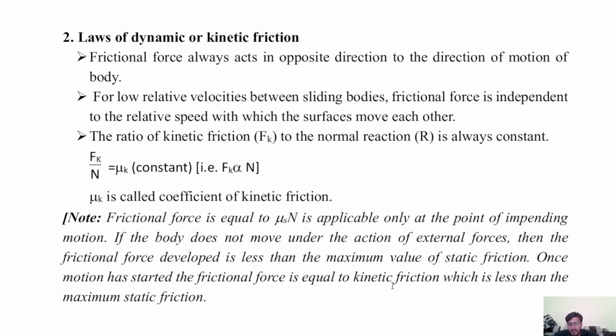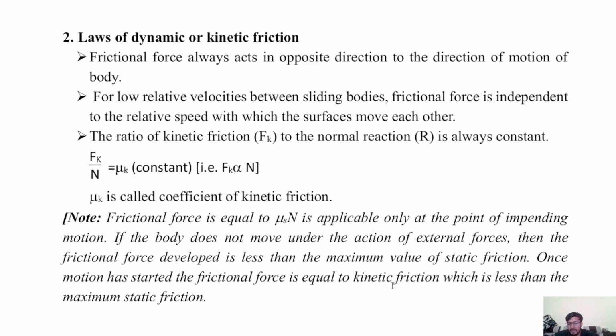If the body does not move under the action of external forces, then the frictional force developed is less than the maximum value of static friction. Once motion has started, the frictional force is equal to kinetic friction, which is less than the maximum static friction.